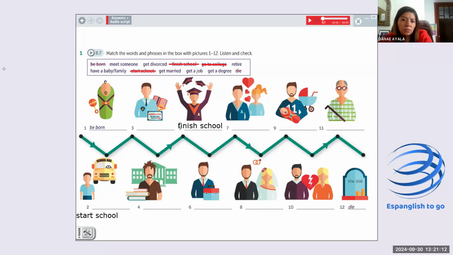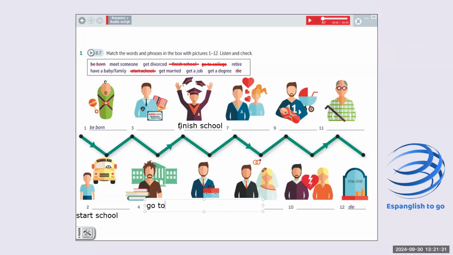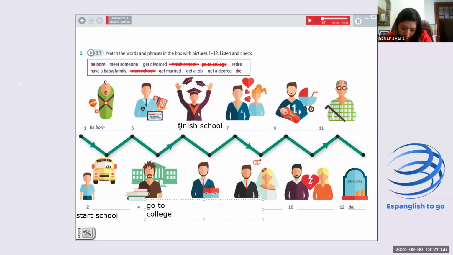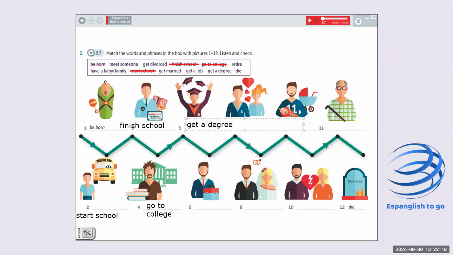Maybe 4 is go to college. Yes, it's similar. Then this one is finish school, because you graduate. Get a degree, finish school, go to college, they are confusing.